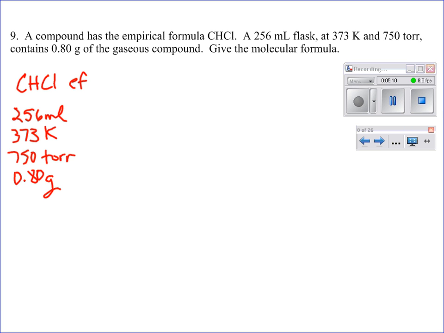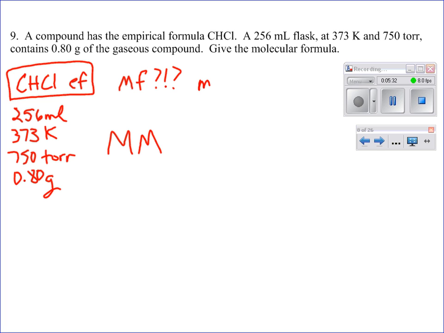We need to find the molecular formula. We know the empirical formula, and we can figure out the empirical formula's mass. What would be one way to find the molecular formula? Find the molar mass. Once we find the molar mass, we can figure out how many times greater the molecular formula is than the empirical formula, and then go from there.